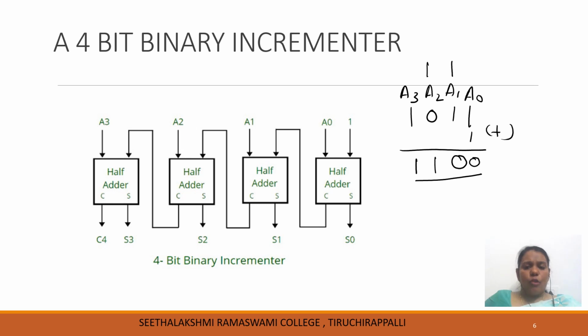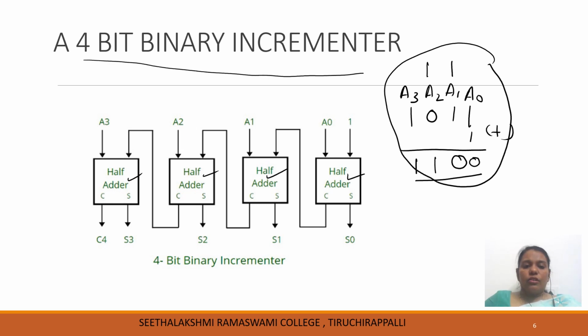So the same operation can be implemented using 4 half adders. Yes, you can use 4 half adders to get the increment of a 4-bit number. So here the number that we have chosen is 1, 1, 0, 1.